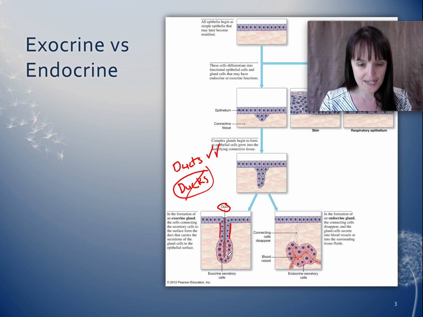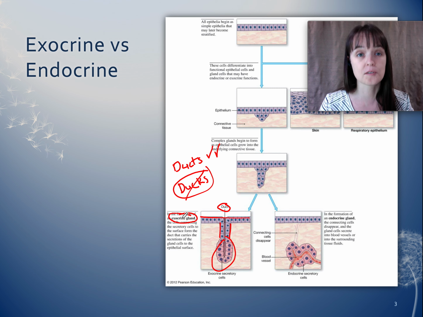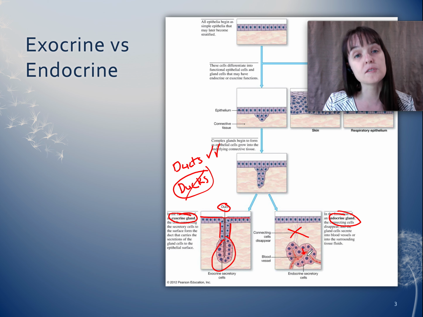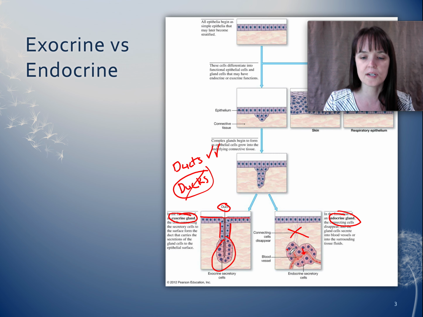But the duct is a tube, and we have lots of tubes in the body. So when they attach a gland to an epithelial surface, then that makes an exocrine gland. In an endocrine gland, the duct is lost, the connection disappears. And then the secretions, which for an endocrine gland are called hormones, will be released directly into the bloodstream. Now, in some tissues, they'll be released into the extracellular tissues, which then enter the bloodstream.